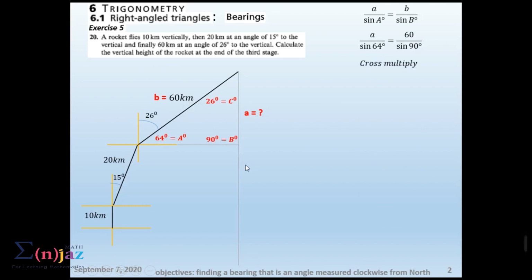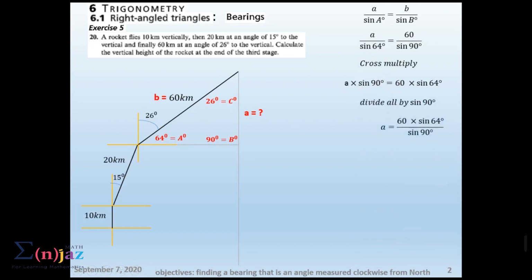Let's cross multiply. So when we cross multiply, a times sine 90 is equal to 60 times sine 64. We're solving for a, so we're going to get rid of sine 90 by dividing all by sine 90.